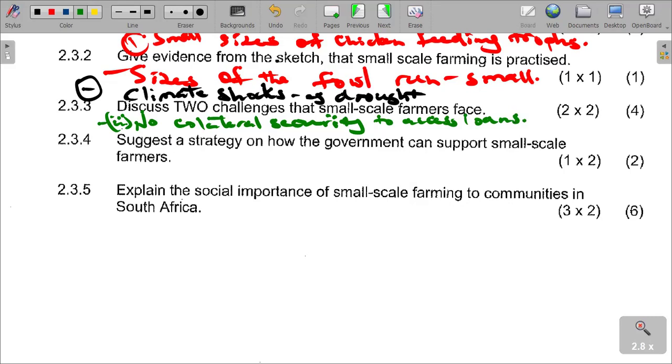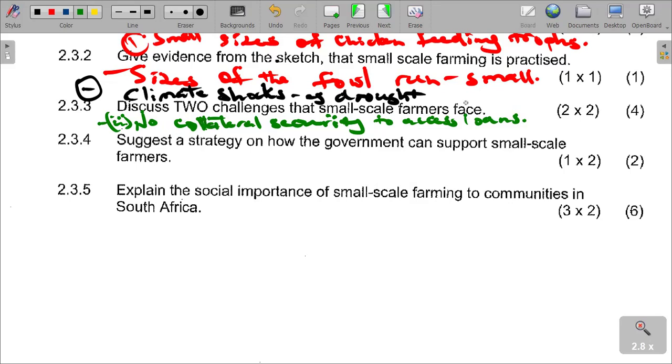Small scale farmers have no collateral security to access loans. They are denied loans by banks, and it is quite difficult for them to access loans. So collateral security is also a problem.